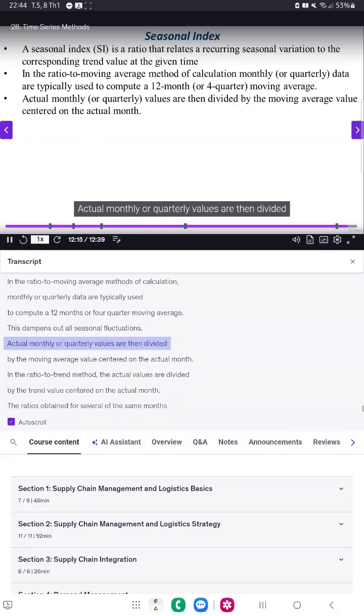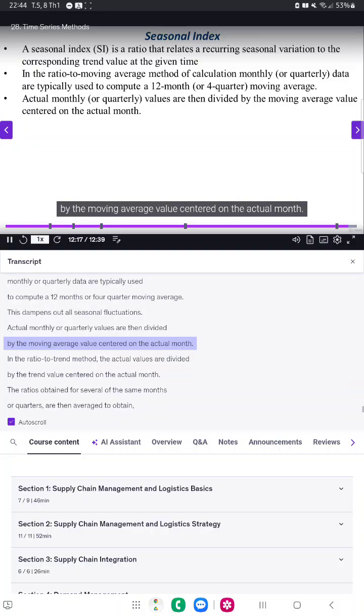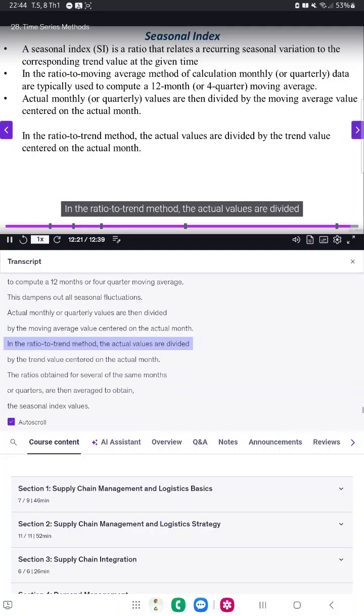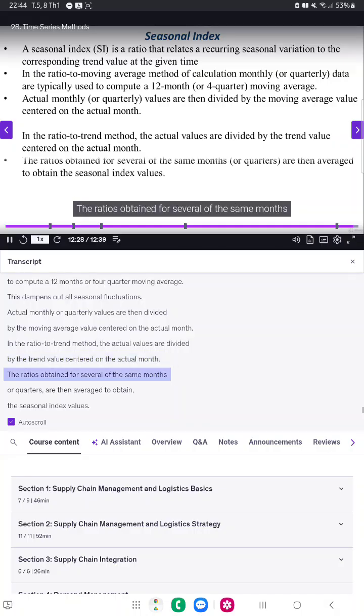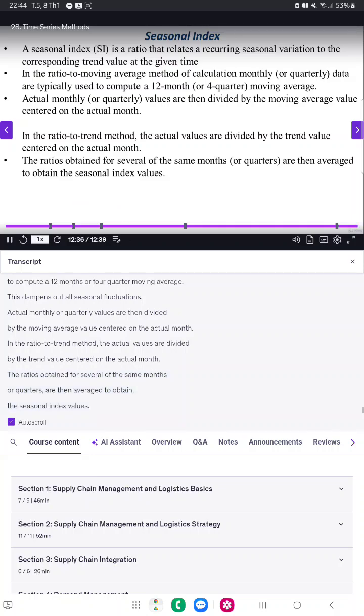Actual monthly or quarterly values are then divided by the moving average value centered on the actual month. In the ratio to trend method, the actual values are divided by the trend value centered on the actual month. The ratios obtained for several of the same months or quarters are then averaged to obtain the seasonal index values.